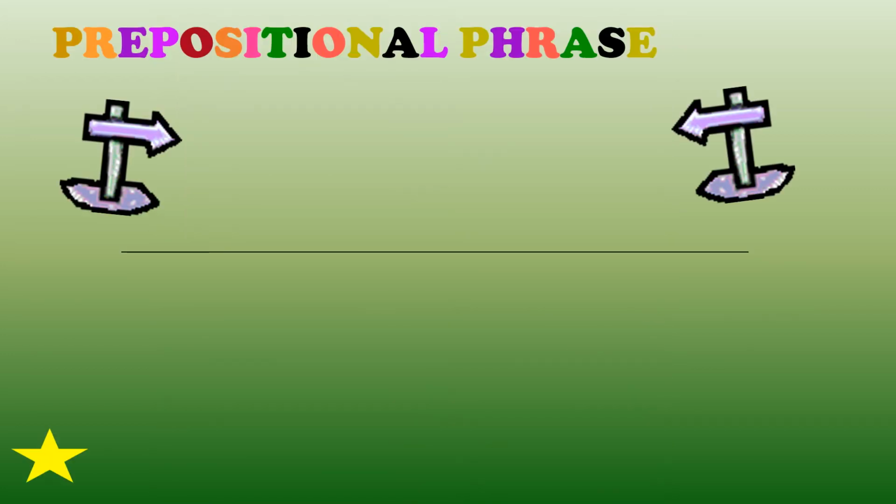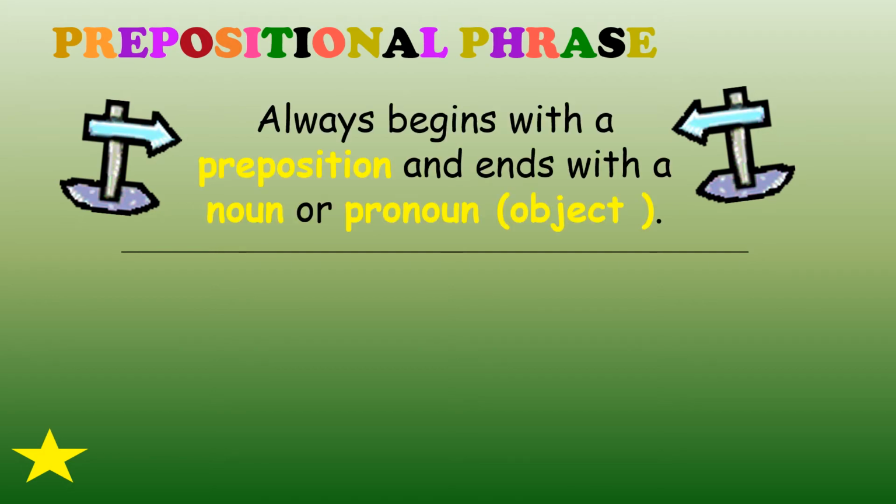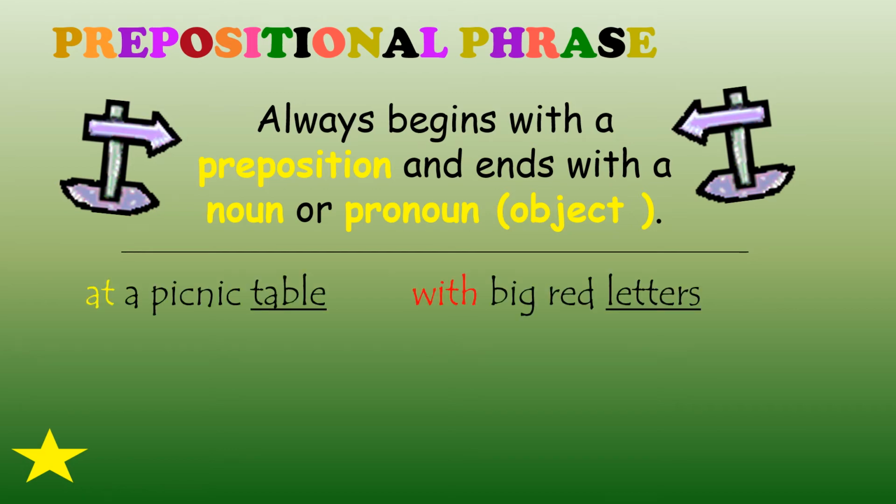Now, the third kind of modifiers is prepositional phrase. A prepositional phrase always begins with a preposition and ends with a noun or pronoun that we call the object of the preposition. Example, at a picnic table. At is a preposition.